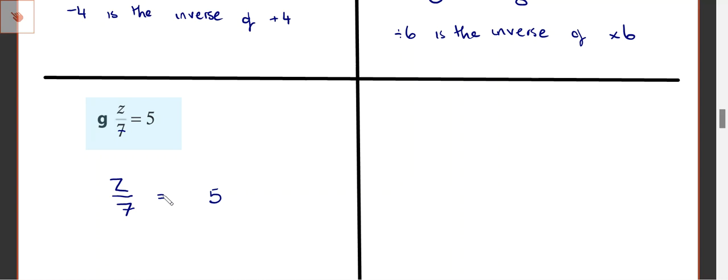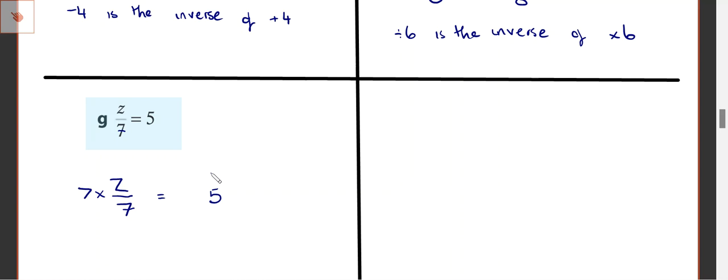What's the inverse operation I'm going to do? If it's divide by 7, we're going to times by 7.